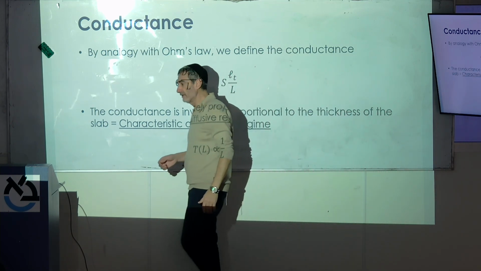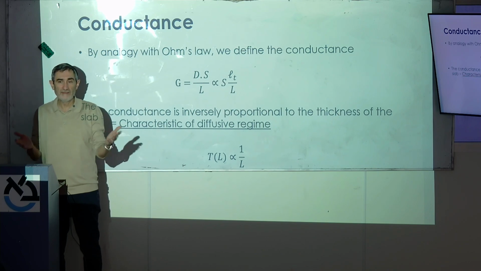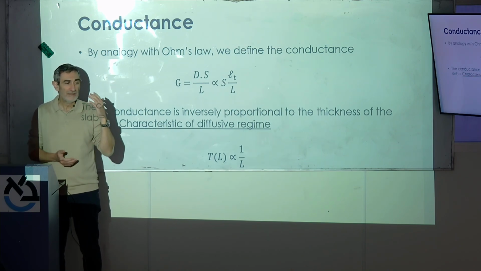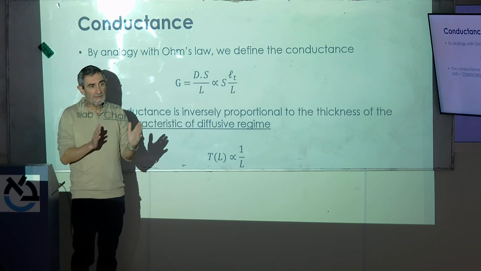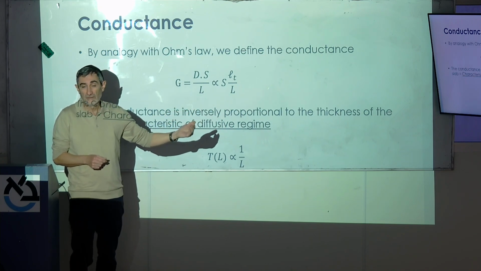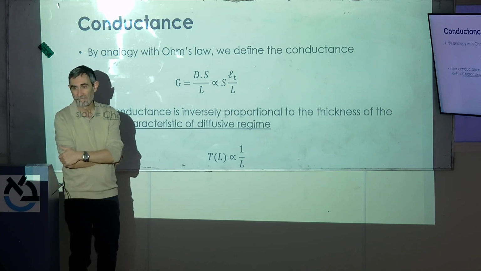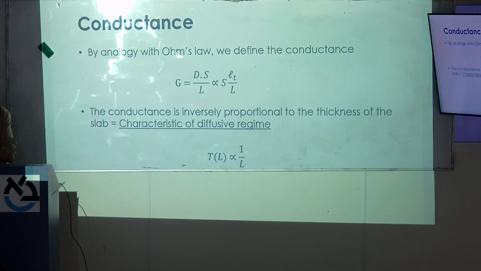So what does it mean? If it decreases, where is the energy going? My question. Okay, you have light coming inside your slab, and at the output, T of L is reduced by 1 over L. So where is the energy gone? Any idea?